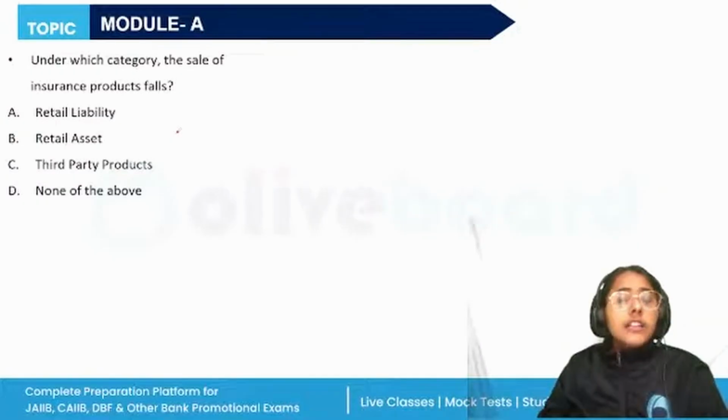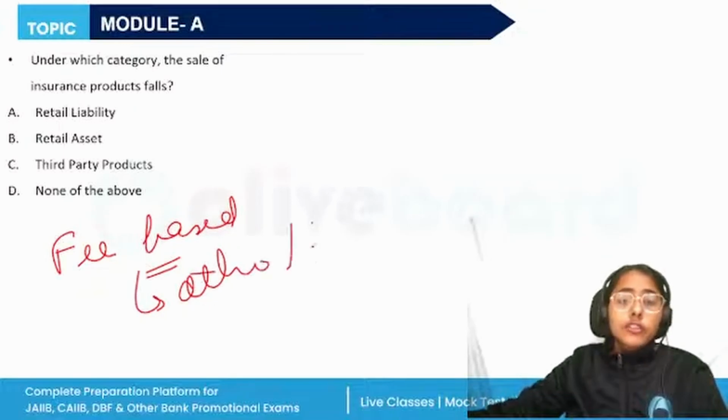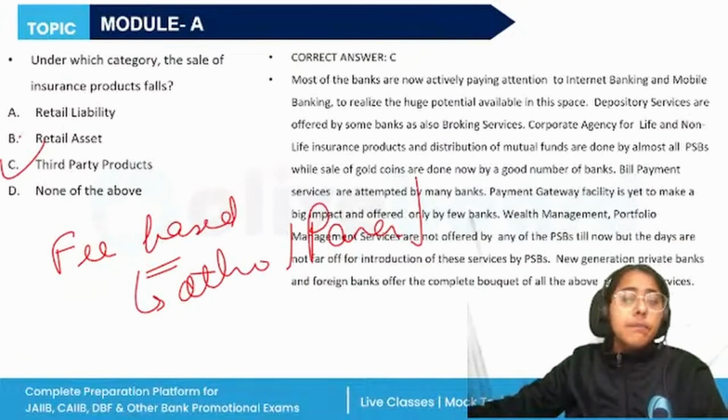Next, under which category does the sale of insurance products fall? Apart from the traditional retail liability and retail asset, banks are also offering fee based products and services. These are the other products and services which we also term as para banking or the third party products.